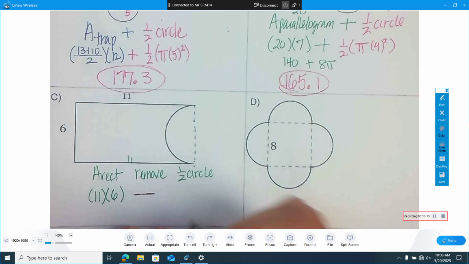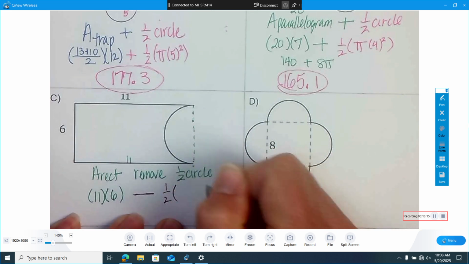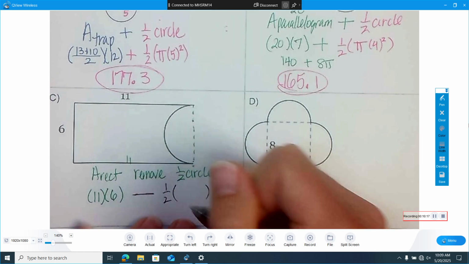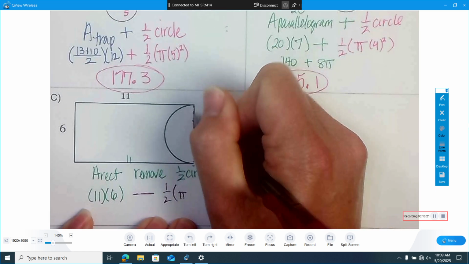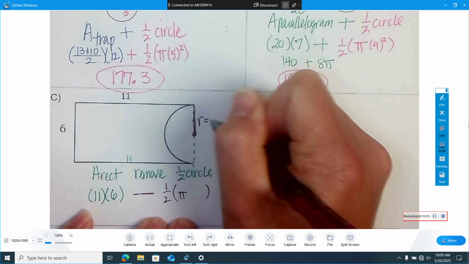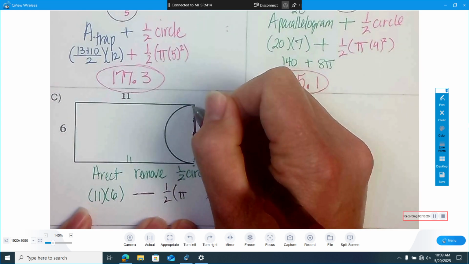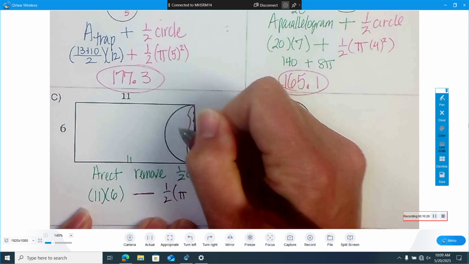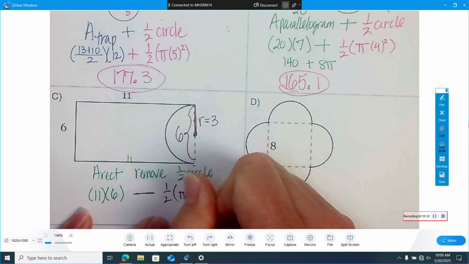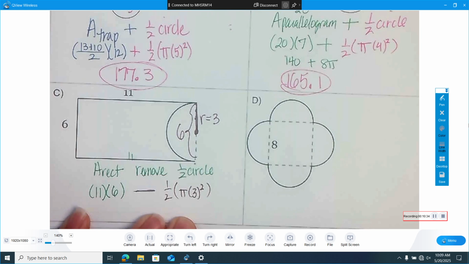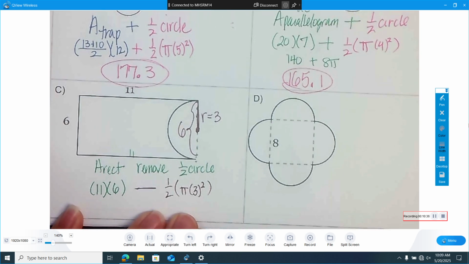So we're going to remove half the area of the circle, which again is pi radius squared. What's our radius? 6. Oh, never mind, 3. 3, very good. This whole side is 6. The diameter is 6, but our radius is 3. So that's pi times radius of 3 squared.